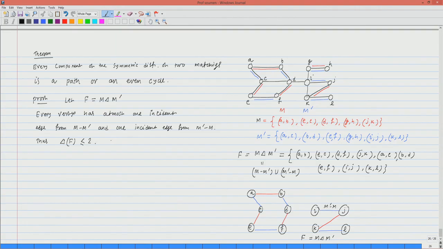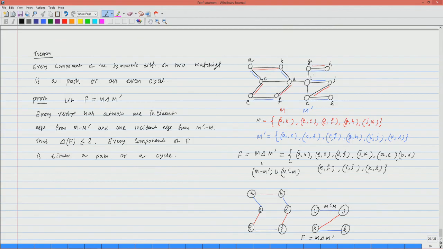So, since the maximum degree is 2, every component of F is either a path or a cycle.